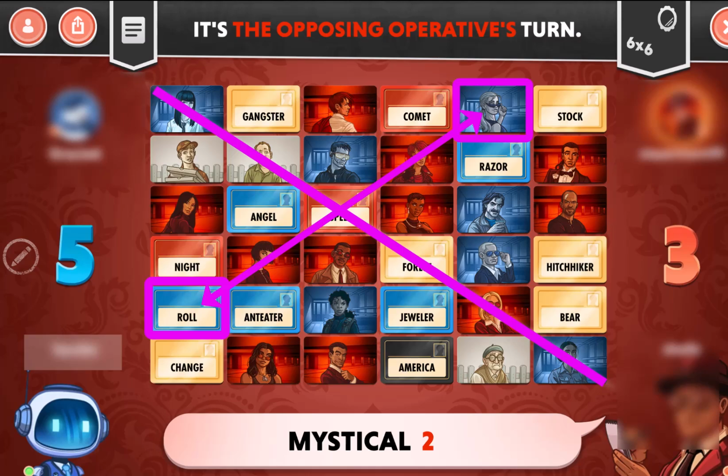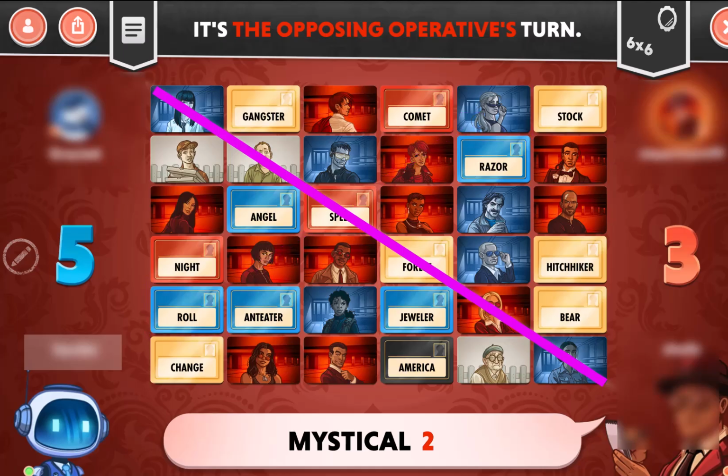Because of that, we know that roll has to be blue. I know you can see it's blue because you're looking at the Spy Master's version. But in yours, roll would be yellow, but you would still know it had to be blue because it's the partner of that lady up in the upper right corner.